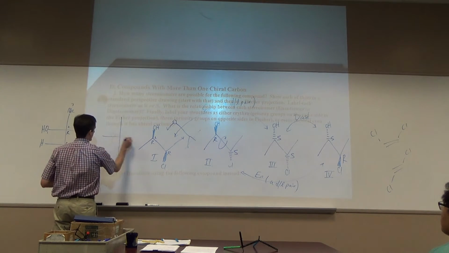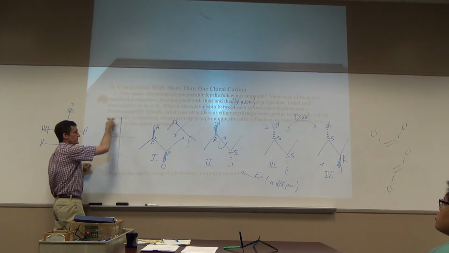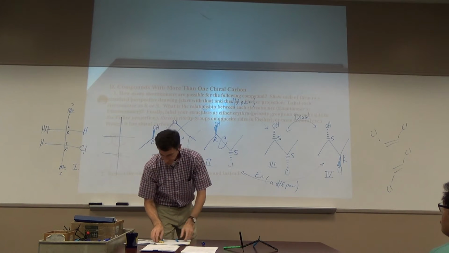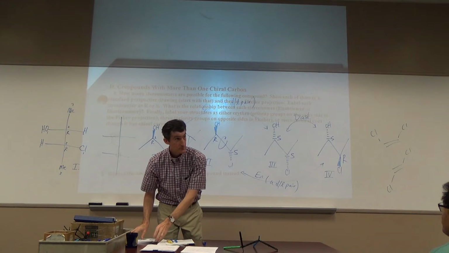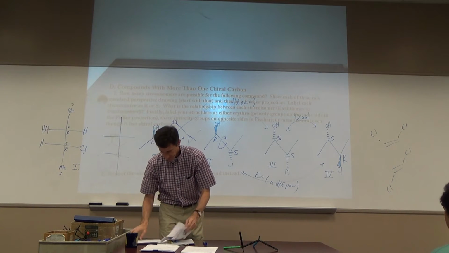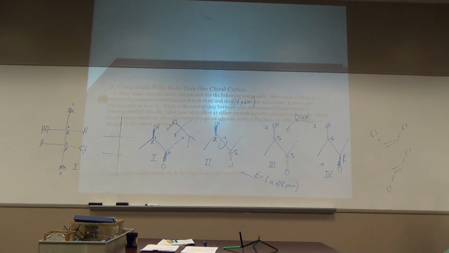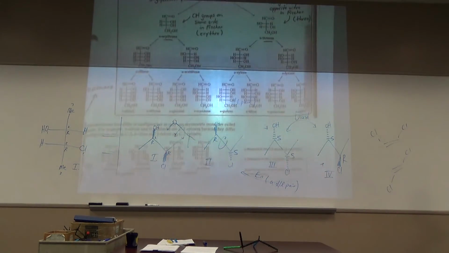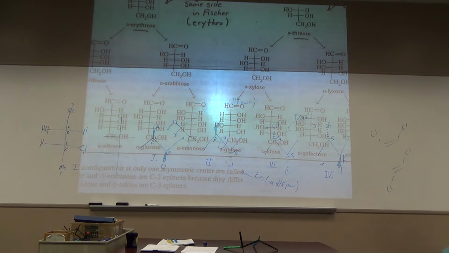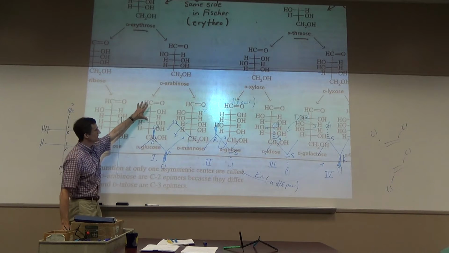Okay? Fischer is always like this, 2 crosshairs. By the way, if you had 6 chiral carbons, you would do 6 crosshairs. You'll see such compounds in biochemistry. Here are your carbohydrates, for example, glucose.